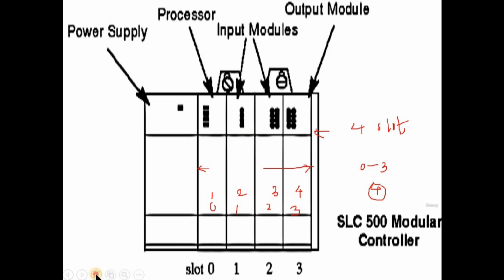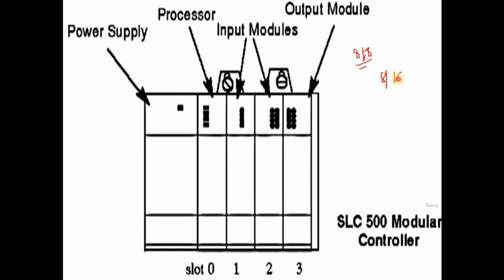For example, initially we have 8 inputs and 8 outputs, and we need to fulfill the requirement of 16 outputs later.